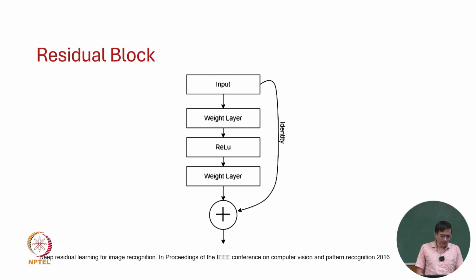In this context, the ResNet paper introduced the residual block, where the idea is that given an input at a particular stage, you process it through particular convolution and other layers, and you add back the input.